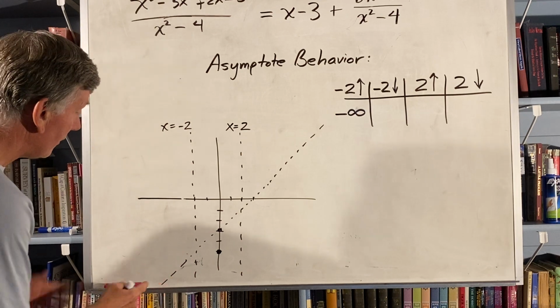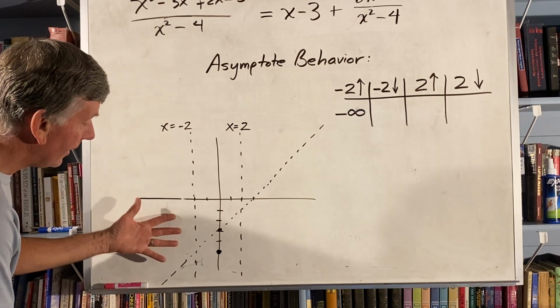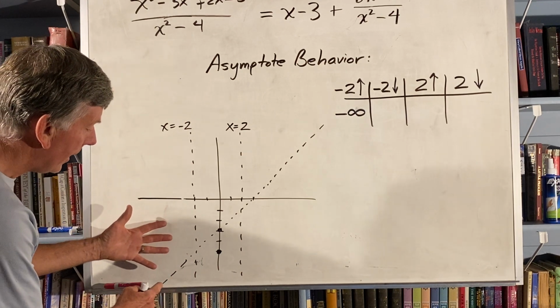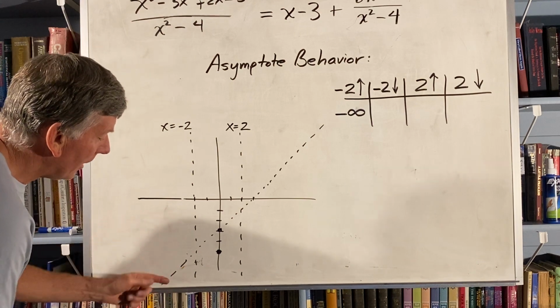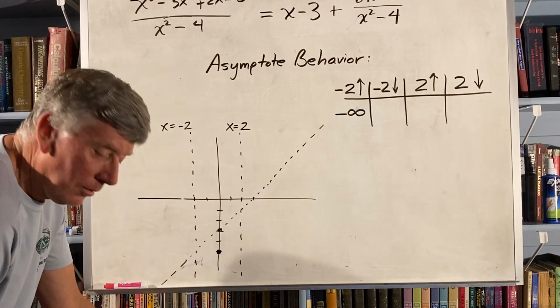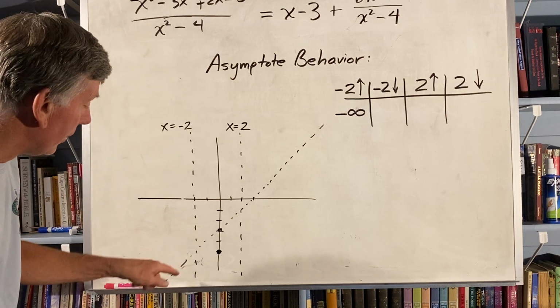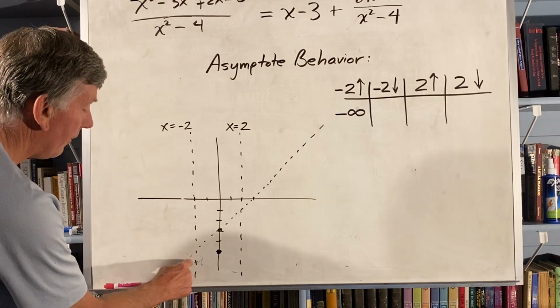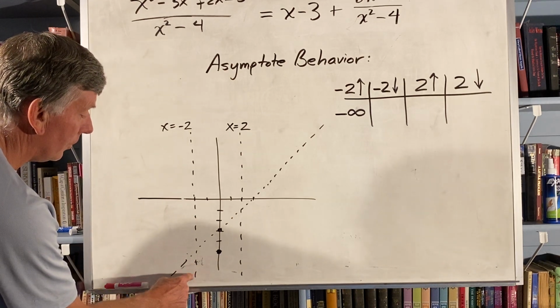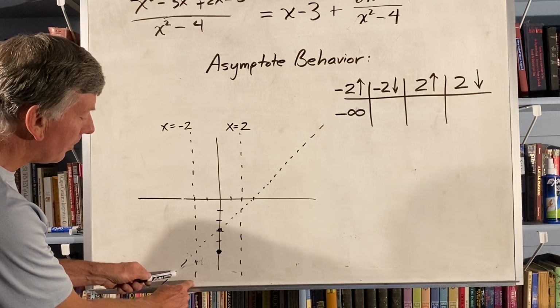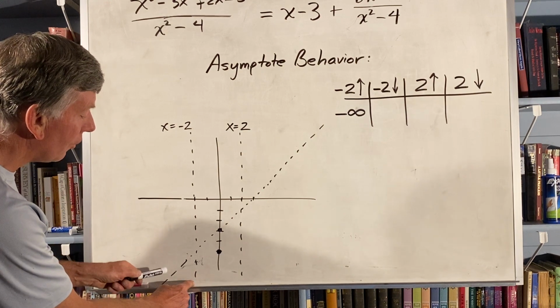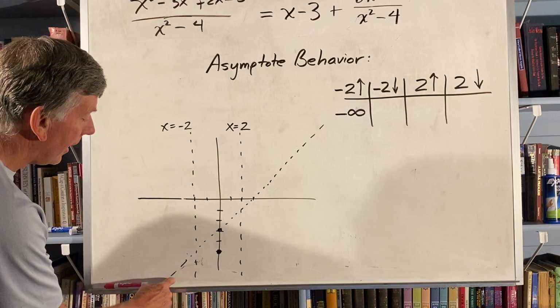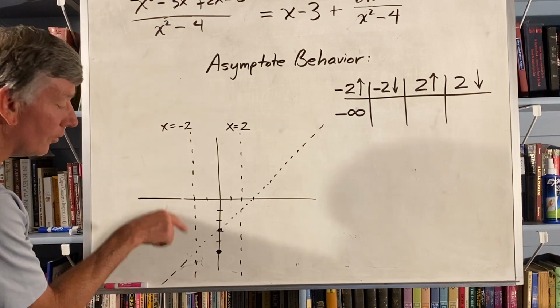What that means is as I come from this side, I'm going to be heading down, below where the whiteboard is. Remember, it's bound by this slant asymptote. It can't be up here. It has to be down here because it goes down.